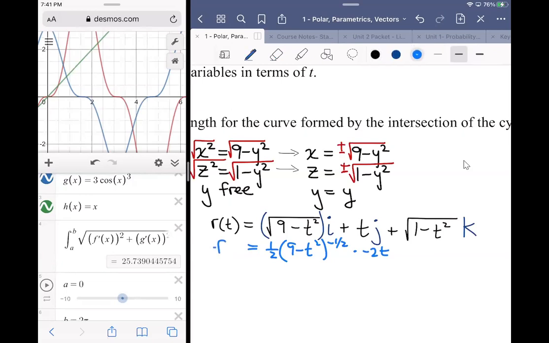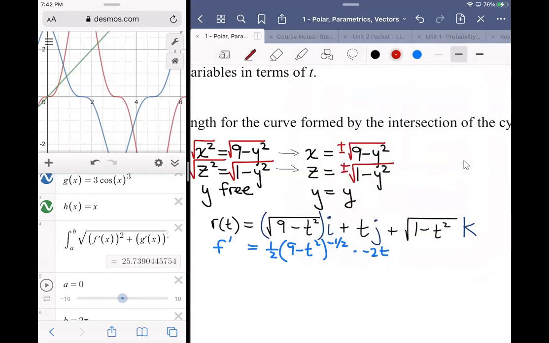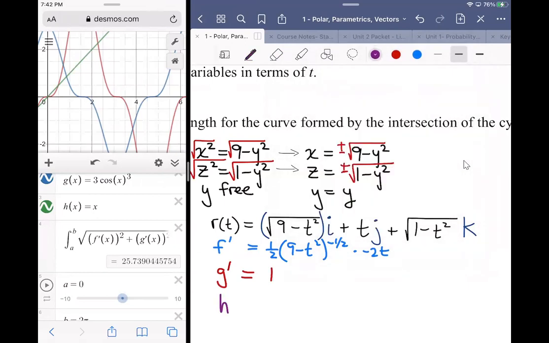So f prime, g prime. I'm going to get a red involved here. It's just a 1, and then purple. H prime, 1/2 times 1 minus t squared to the -1/2 times -2t.